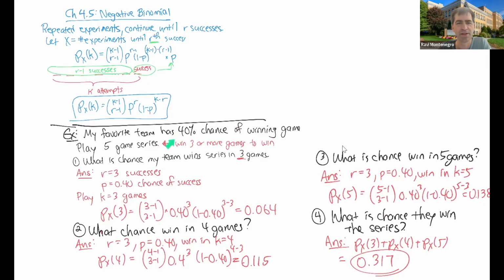I suppose the arrow probably shows you 40%. So in a 1-game series, my team has a 40% chance of being the champs. In a 3-game series, it has dropped. A 5-game. If I had a 7-game series, it would drop even further.